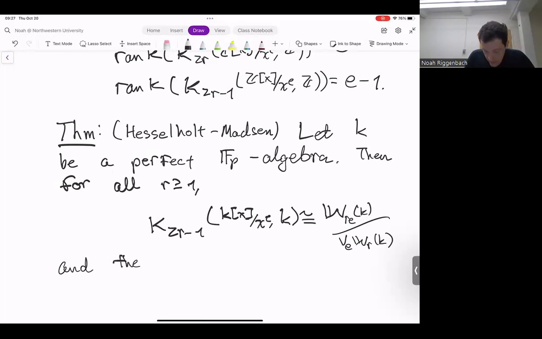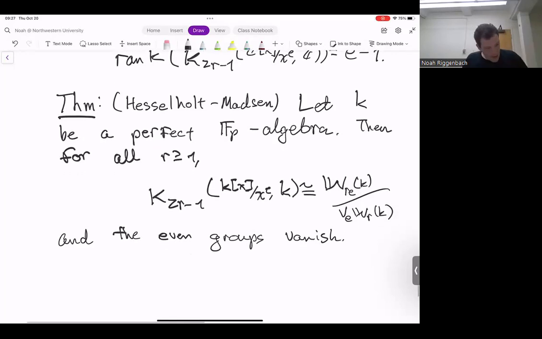And the even groups vanish. Okay, so very concrete, full computation. And I should mention also that these relative K groups are products of Eilenberg-MacLane spectra. So this completely determines the spectrum as well.